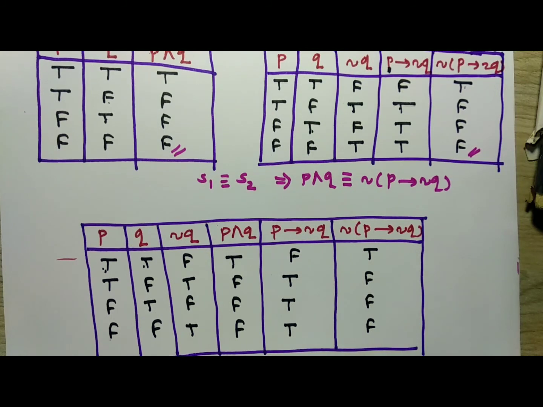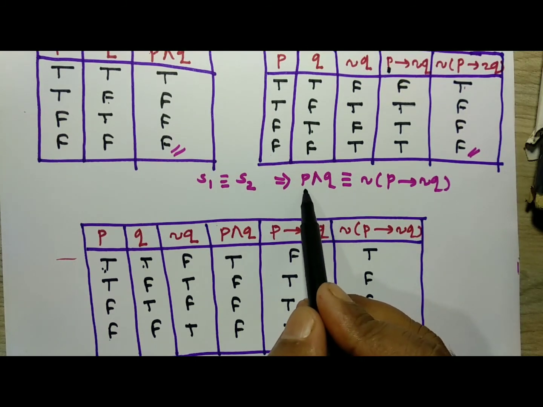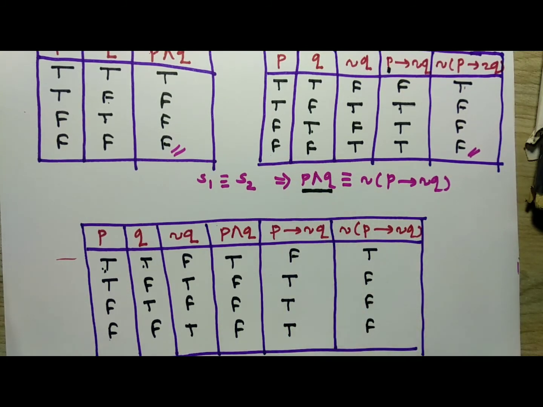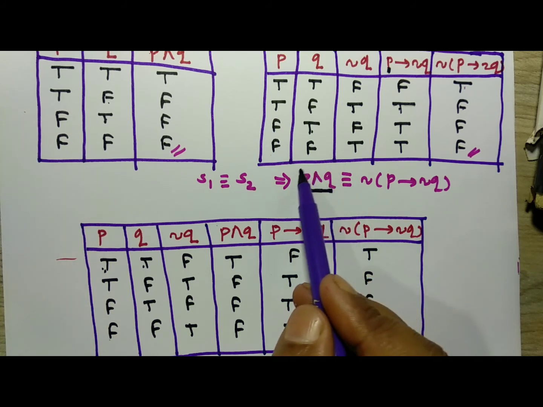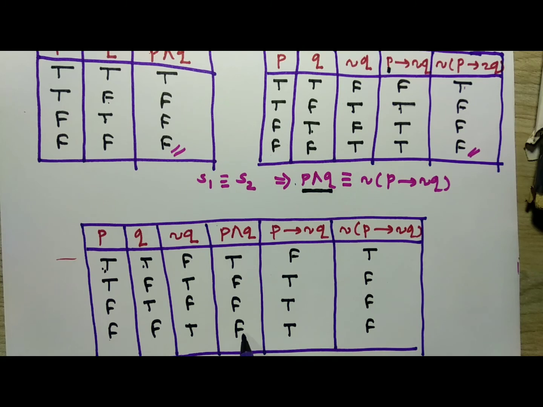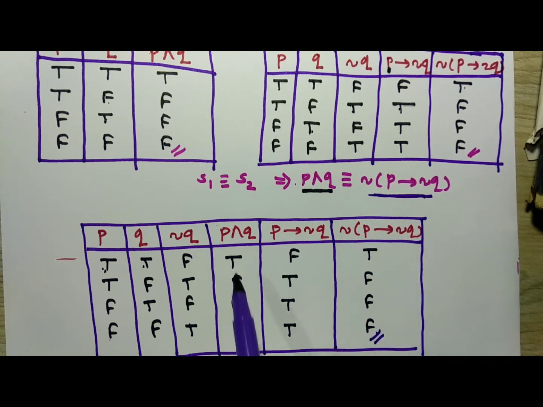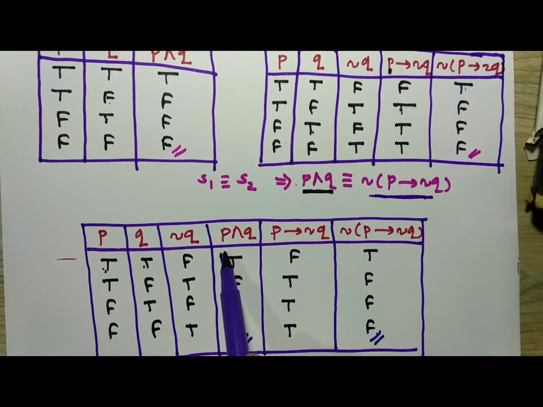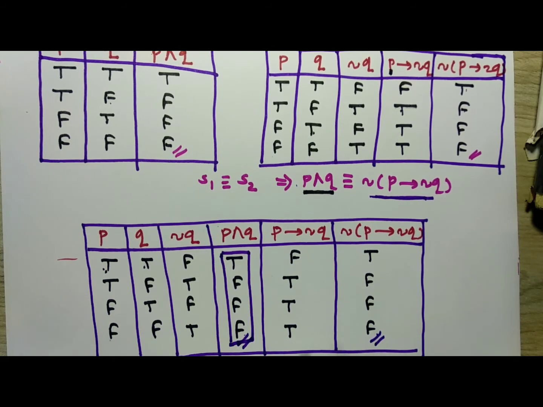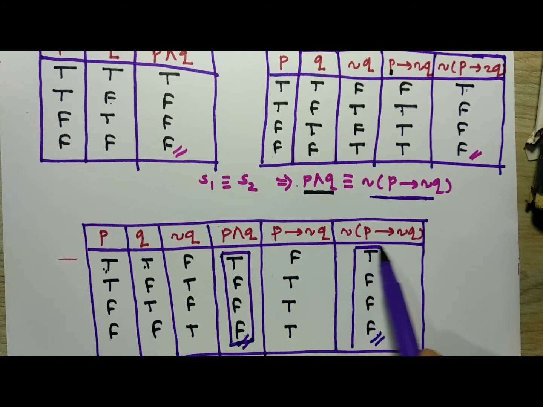According to that, our first statement pattern is nothing but P and Q, and this is found here, and our second statement pattern is nothing but this one, and this is found here. And you can go with those two columns. The first column is this one and the second column is this one.